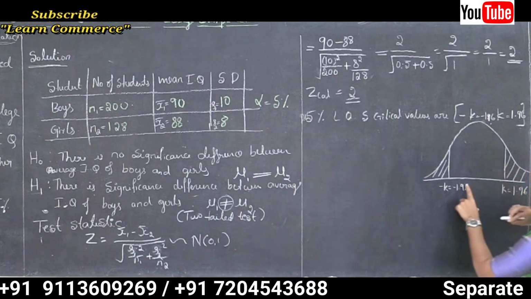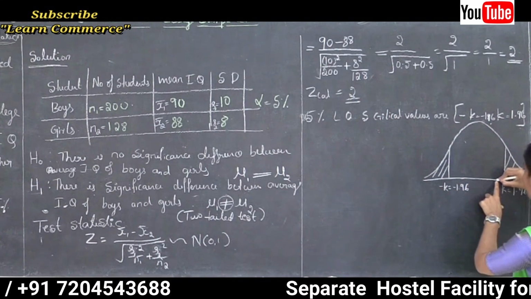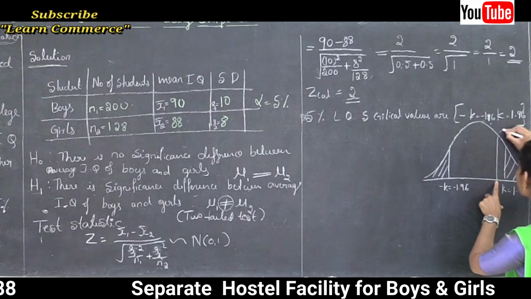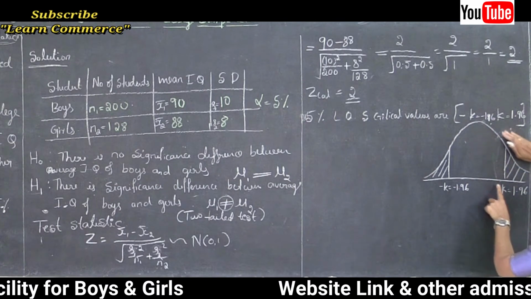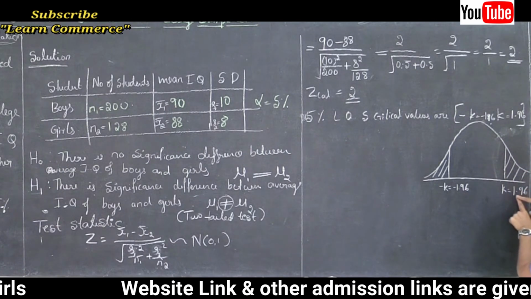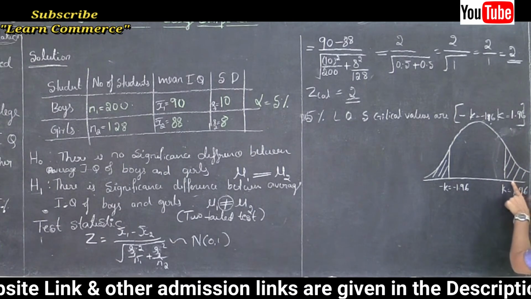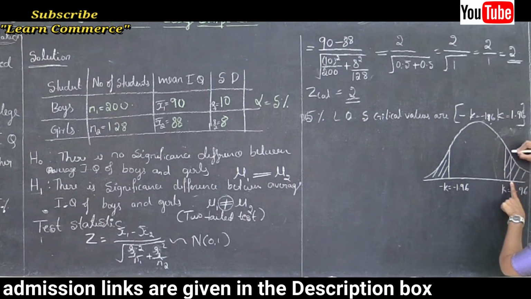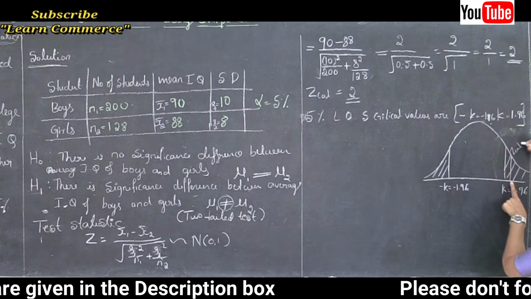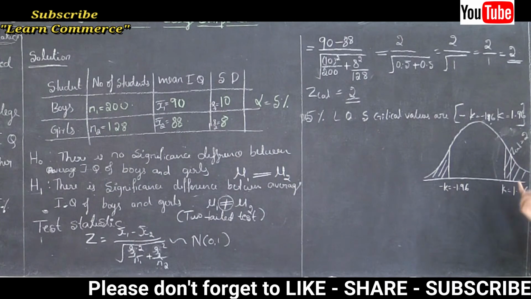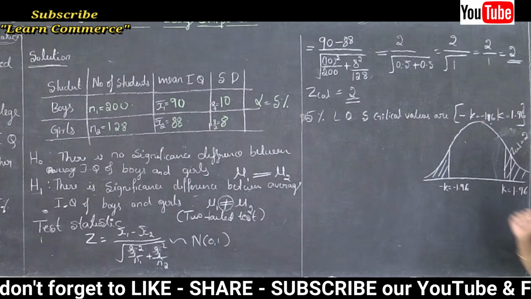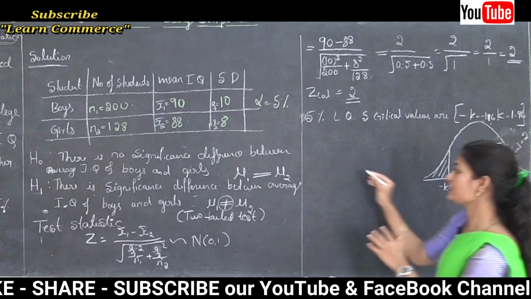So 2 lies here, in the rejection region. So H0 is rejected.